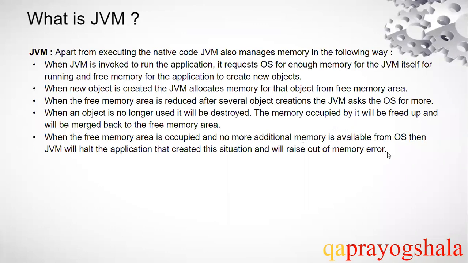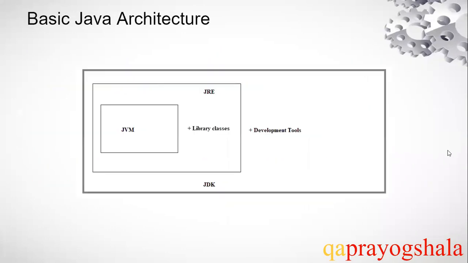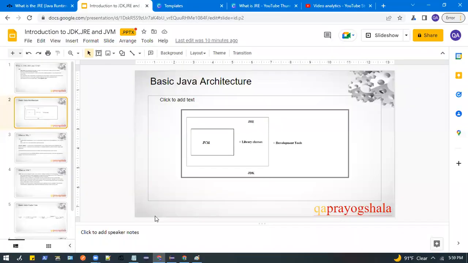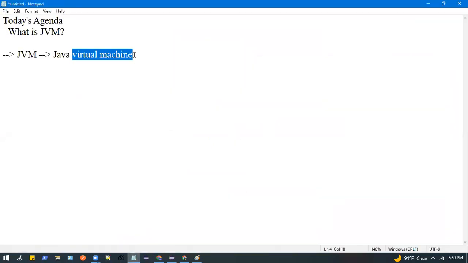That is the part of JVM. If we see here also, the JVM is the part of the JRE, that is the Java Runtime Environment. So mainly there are two functions that are performed by JVM.